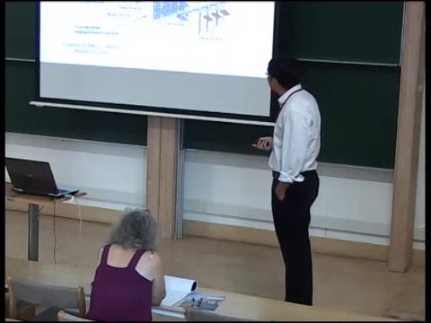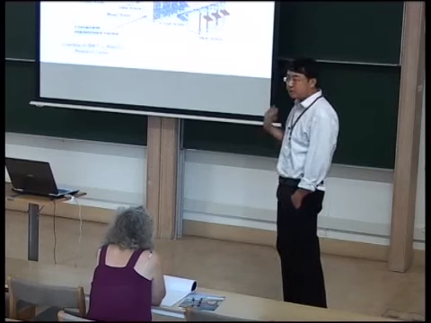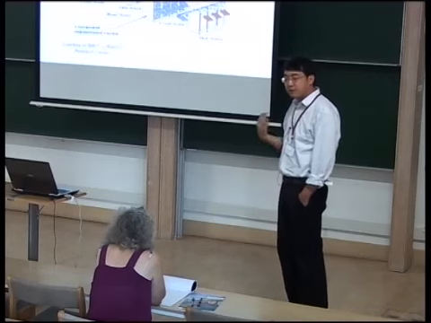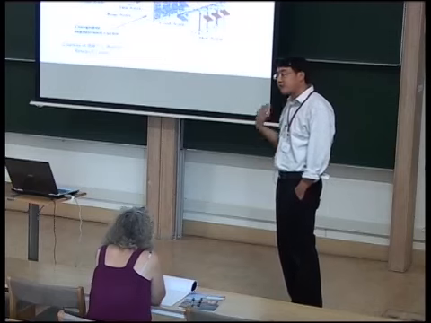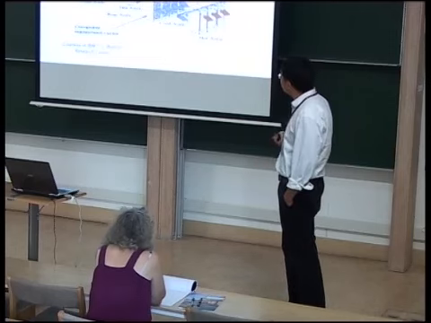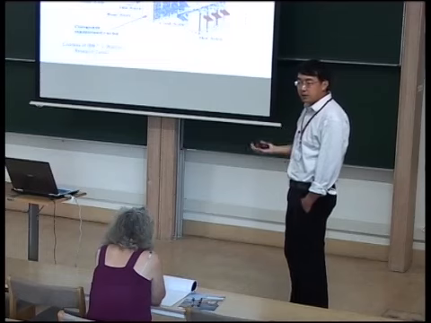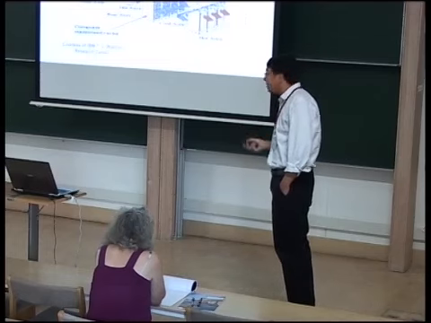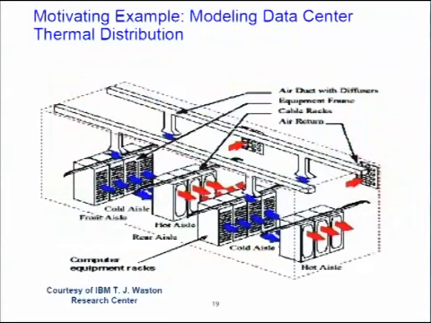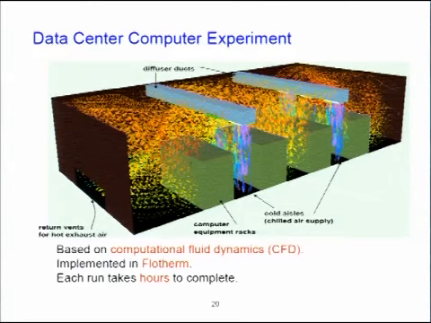There are two ways of designing and doing research on data center thermal property. The first way is a physical experiment, which is very expensive because a data center can cost more than several $1 million each. So at IBM, people use very limited physical experiments and spend most of the time doing computer simulation for modeling a data center.